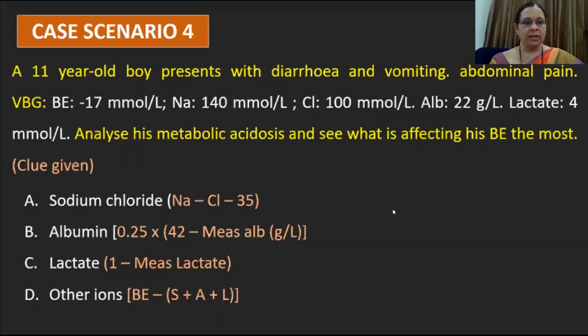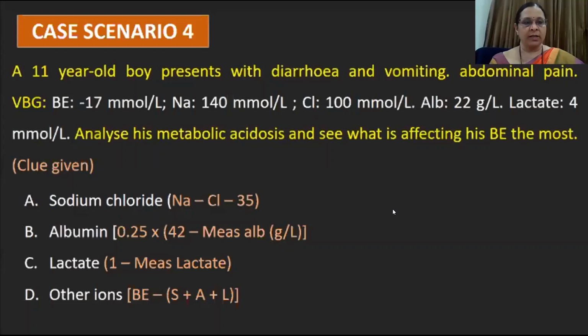So that becomes 40 minus 35, which gives you 5 millimoles per liter. Next is albumin: 0.25 into 42 minus measured albumin. Measured albumin here is 22. So 42 minus 22 becomes 20. 20 into 0.25 will give you 5 millimoles per liter, ma'am.